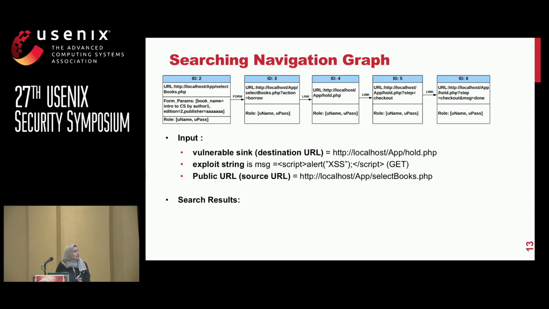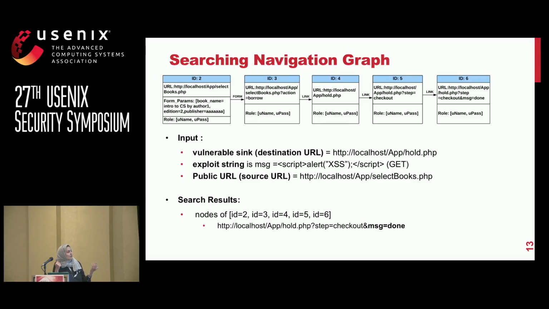This is an example of a navigation graph. If we want to search for a navigation path between the first and the second input that we got from the first analysis step, one possible navigation path is between nodes 2 to 6. And for the URL of the destination node, we know that the message parameter is vulnerable because we got that from the first analysis step.